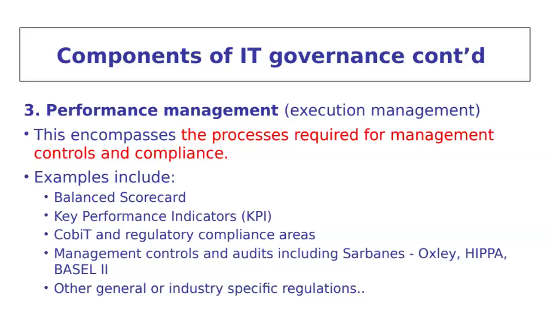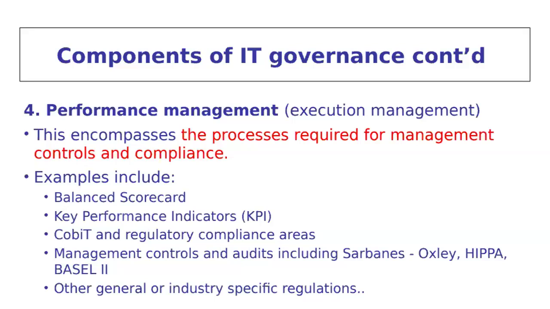COBIT and regulatory compliance areas, management controls and audits. So we need to comply with audits as well, such as Sarbanes-Oxley, HIPAA for health, and so on. Other general or any other regulatory bodies.